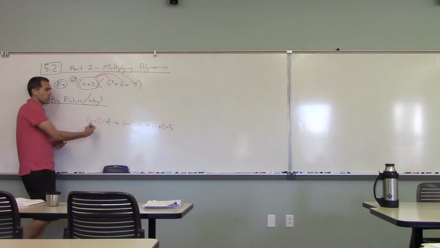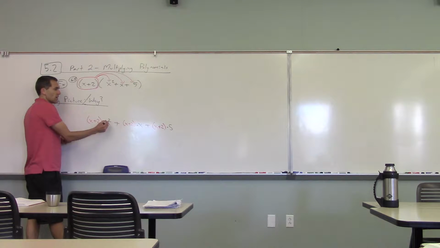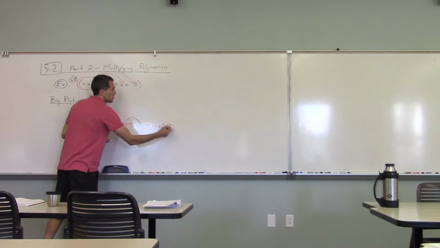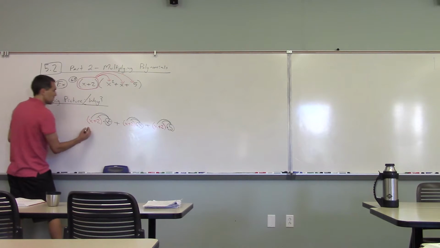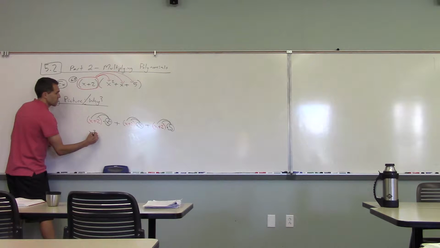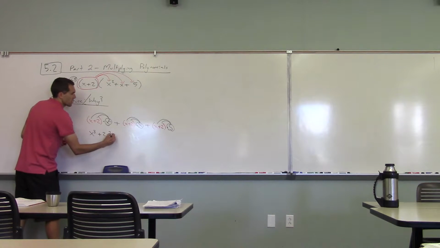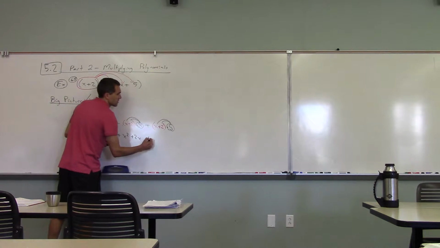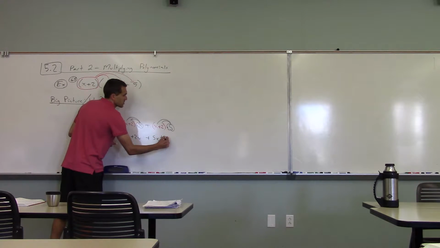Then we're going to say, oh, well, this is easy. We've done this, right? This one we just multiply in the x squared, we multiply in the x, we multiply in the 5, and what we get is x to the third plus 2x squared plus x squared plus 2x plus 5x plus 25.